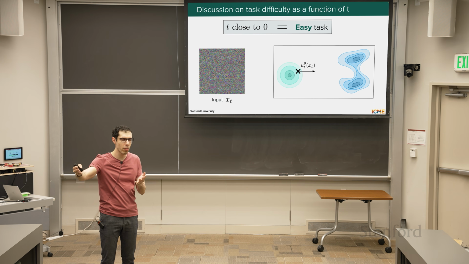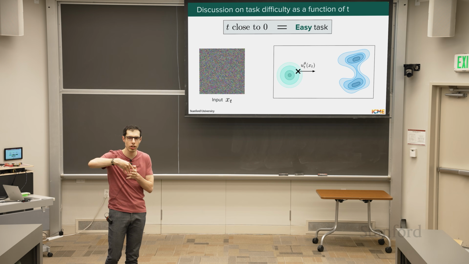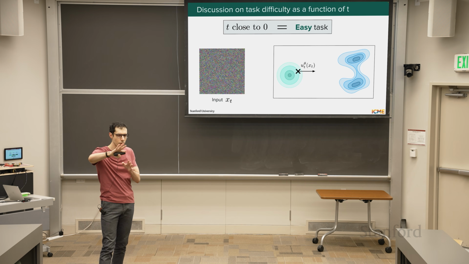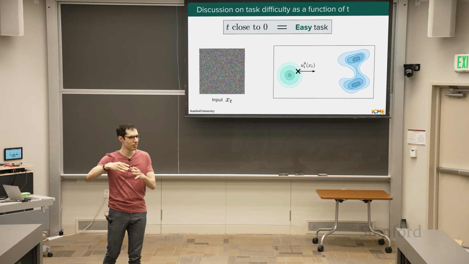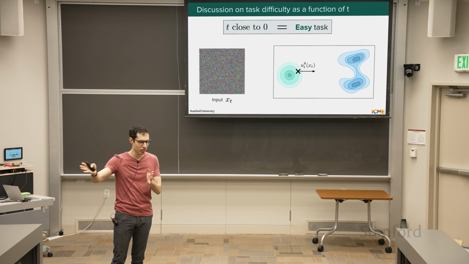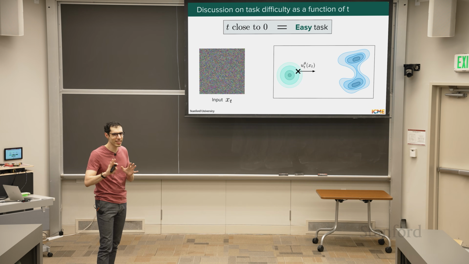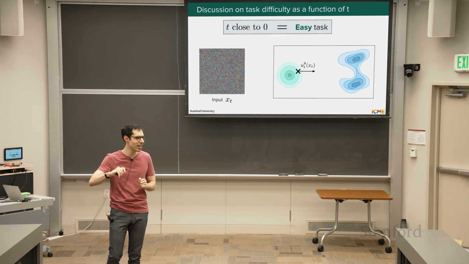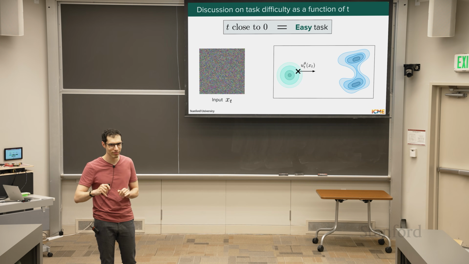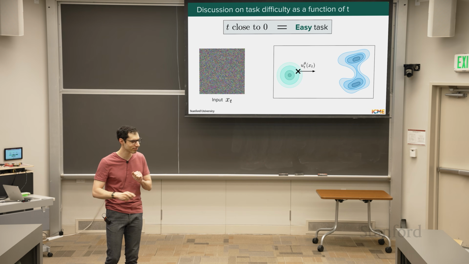Regardless of how much time you spend learning that, it will just learn roughly where to go, which will be the mean of where all the observations in your target data distribution are. So no matter how much time you spend in that region of noise, you will be incentivized to predict the mean of where all the observations are. So that's why I say it's an easy task.